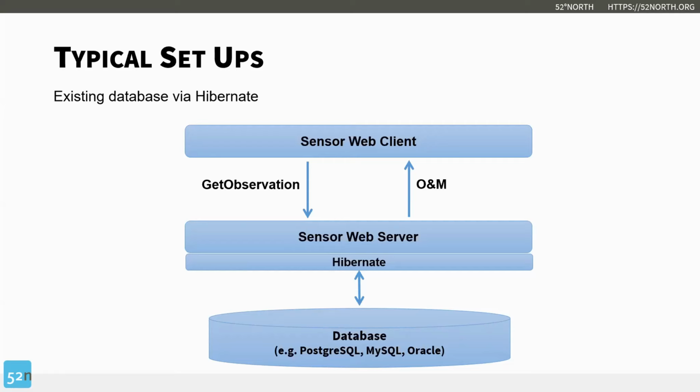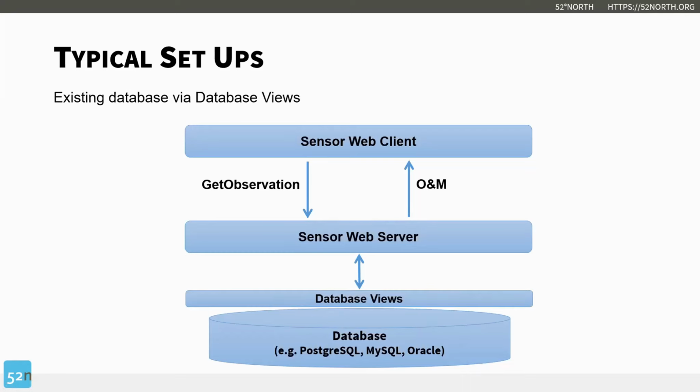Just to illustrate there are different ways how to get the data in there, and what we have also done in practice until now. So, for example, if you have an existing database which already has a certain structure, we can try to create some kind of object relational mapping between our sensor web components and your existing database through a framework such as Hibernate, and then we can just put this software on top of your existing database.